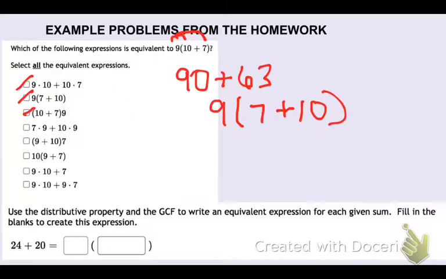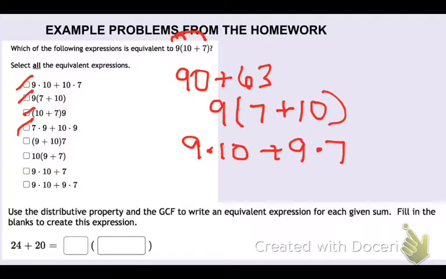All right, so this says 7 multiplied by 9 plus 10 multiplied by 7. And that is exactly what we said, right? 9 multiplied by 10 plus 9 multiplied by 7. Well, we said that addition, it doesn't matter the order, so this one also gets checked.